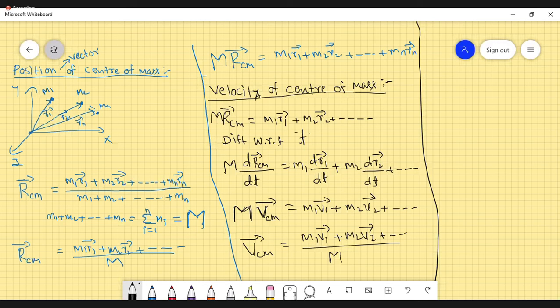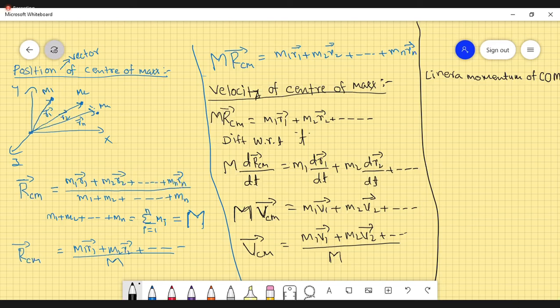Right. In a similar way, you have defined the acceleration of the center of mass. Okay, next is momentum. Linear momentum, you know. So what is the linear momentum of the center of mass, COM?